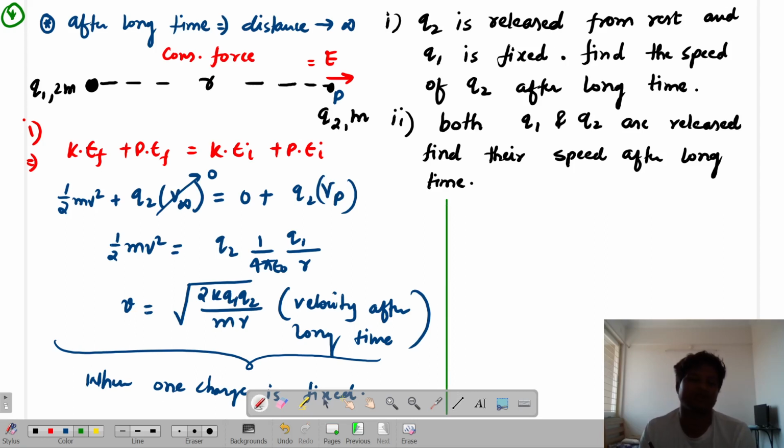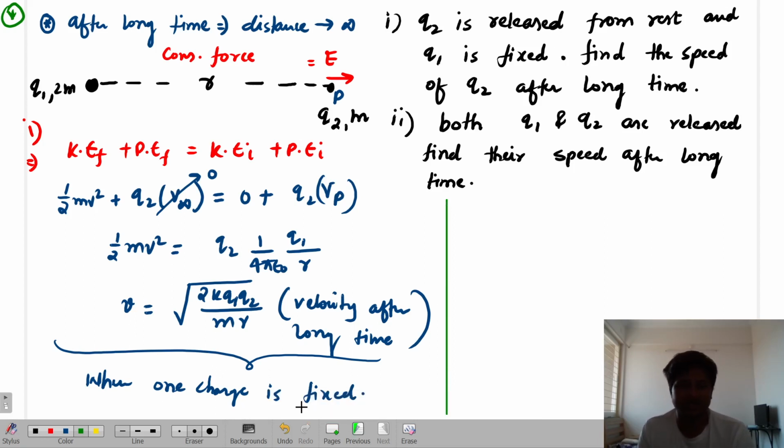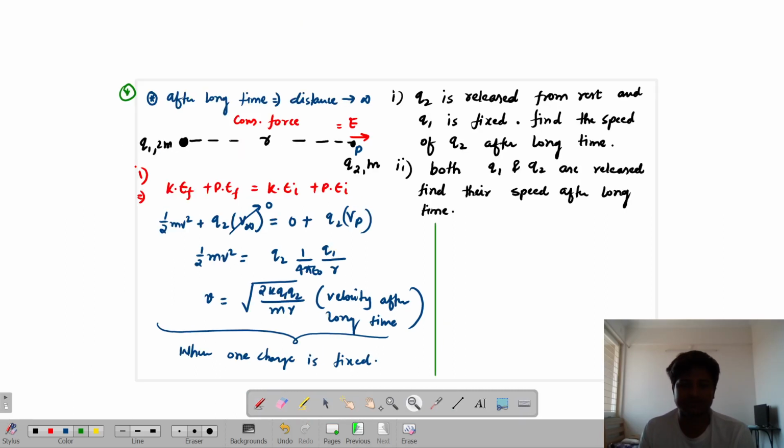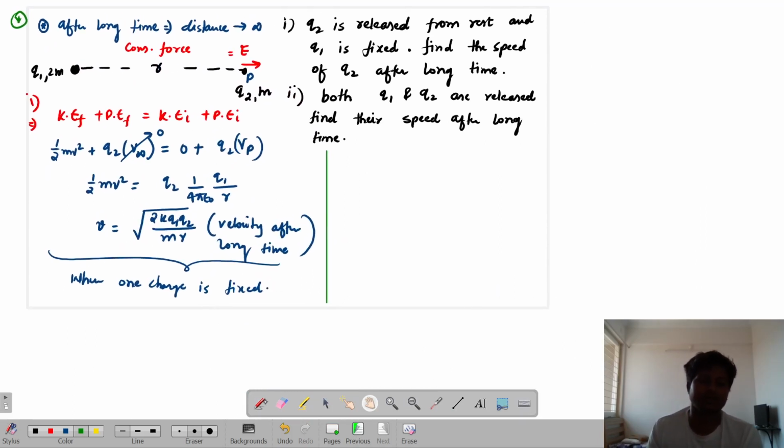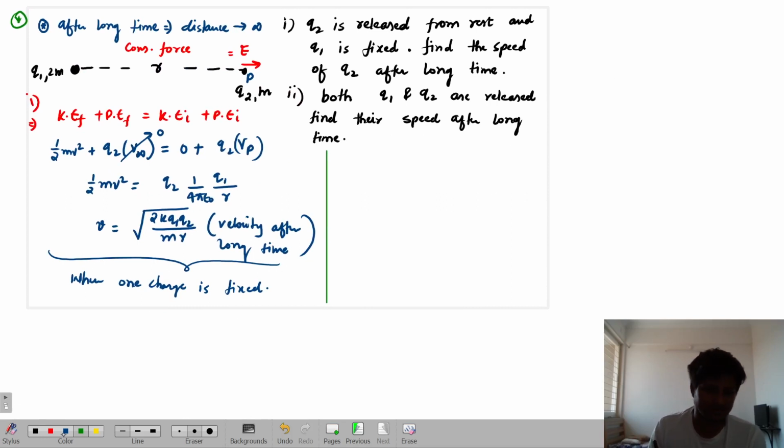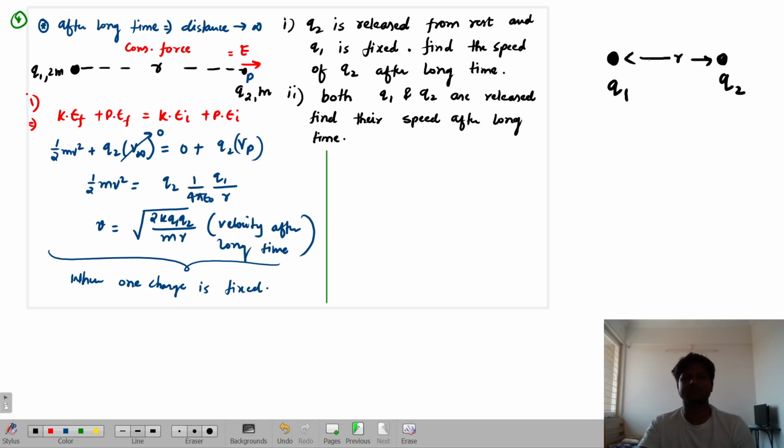Listen, this is a very nice thing to understand. When both charges are released, this was my Q1 and this was my Q2, separated by some distance R. When both are released, Q1 will move towards this side and Q2 will move towards this side.